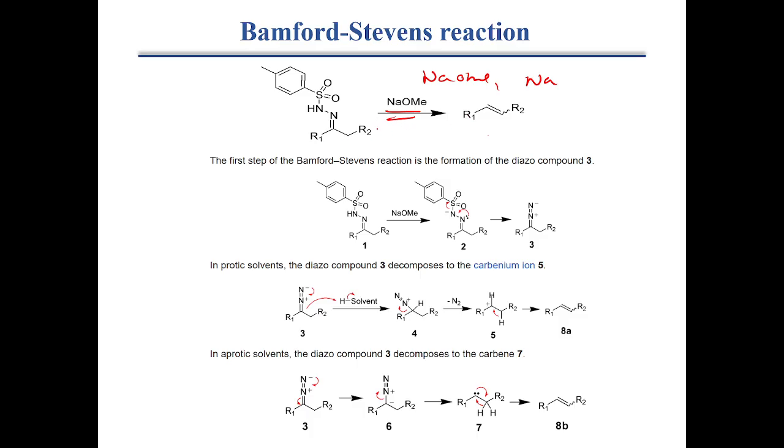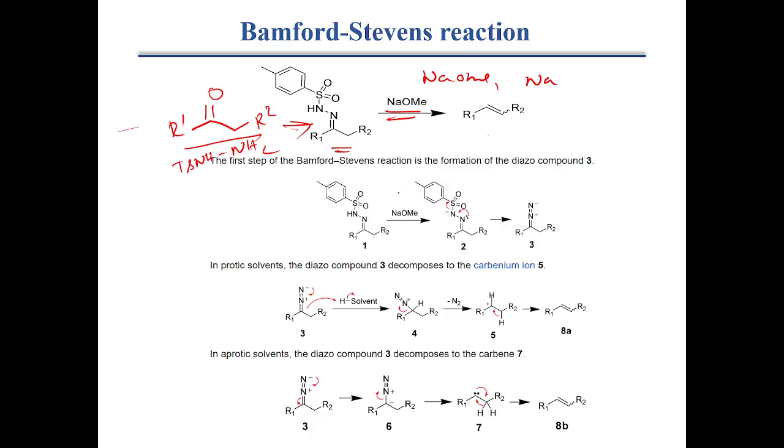What is the mechanism we can discuss? So what happened in the first case, how we prepare this one. This ketone under tosyl hydrazine, tosyl NH2 from tosyl hydrazine. So any kind of ketone under tosyl hydrazine reaction condition.